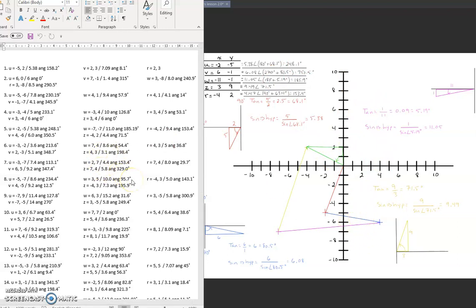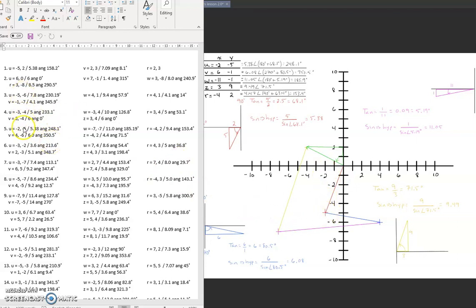Now for the answers, I wasn't going to print all of this and have all of these copies for the handout. So what I've done is I've given you the answers to where the end of the vectors lie. If you notice here, the u vector is -2, -5. So here you're sitting at -2 on the x, -5 on the y.